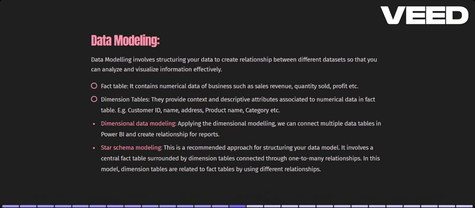To understand the sales from a product, you need a sales and product relationship. But if you want to get profit based upon the region, you must have the relation of sales with the region. That can be achieved by data modeling. We have different types of modeling. One is dimensional data modeling and the other one is star schema modeling.